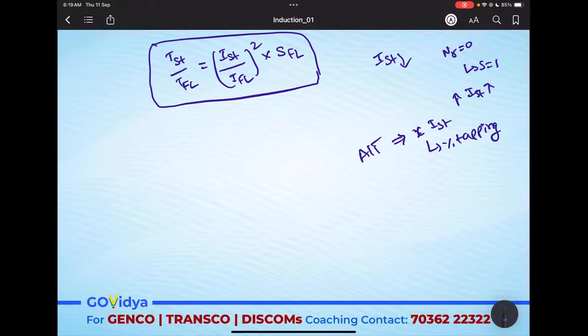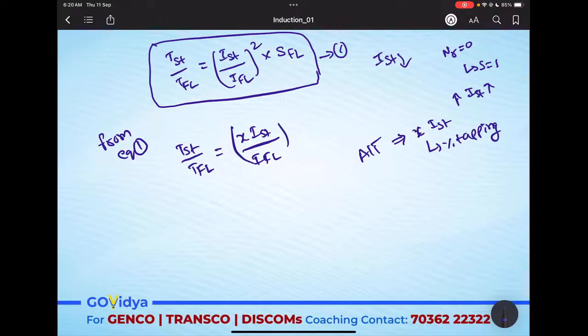Let's substitute in equation 1. From equation 1 we get T starting to T full load equals x I start divided by I full load whole square into SFL.